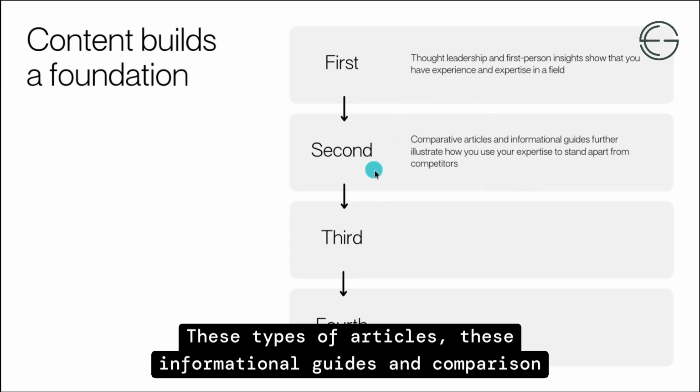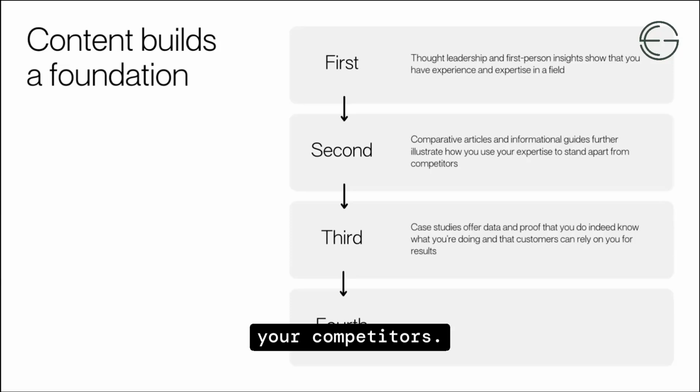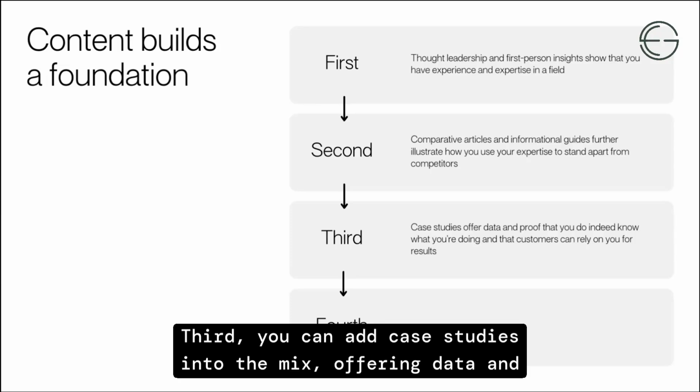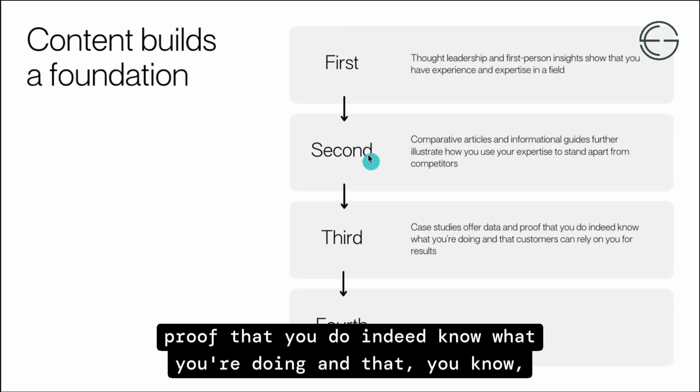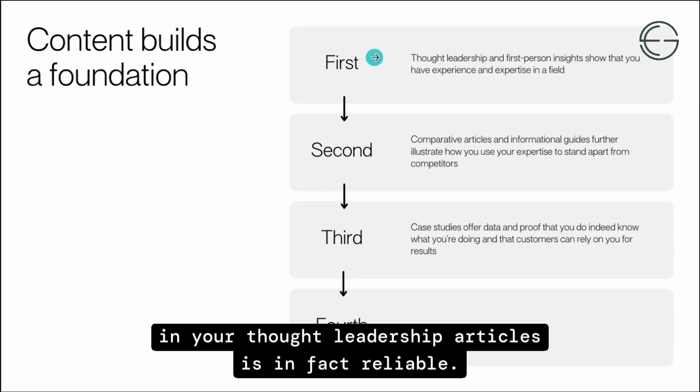These types of articles, these informational guides and comparison pieces further cement how you use that expertise to stand apart from your competitors. Third, you can add case studies into the mix, offering data and proof that you do indeed know what you're doing and that what you said in your thought leadership articles is in fact reliable.